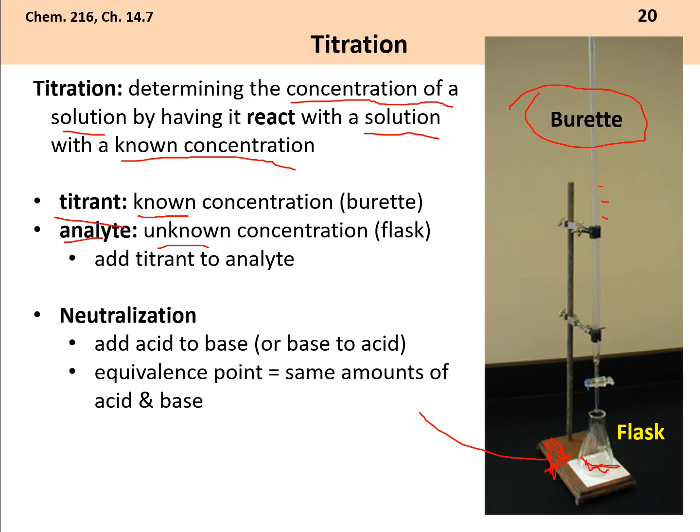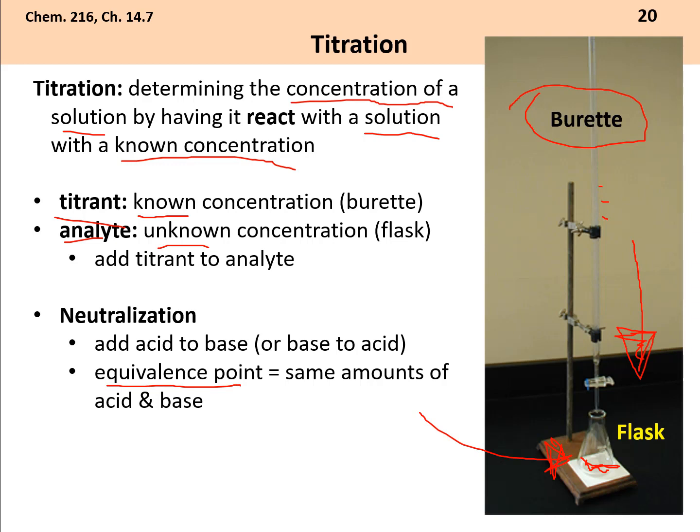And then what happens is we add titrant to the analyte until we get, for acids and bases, to something called neutralization. And that is when we have equivalent amount of acid and base. Okay? This is called the equivalence point. The equivalence point is when I have the same amount of acid and base.